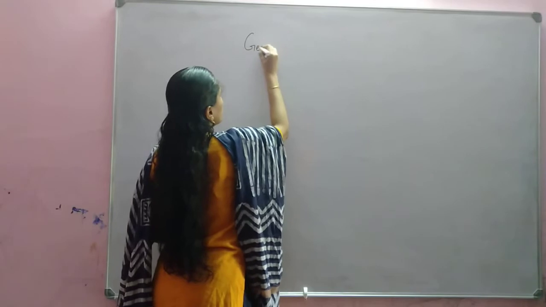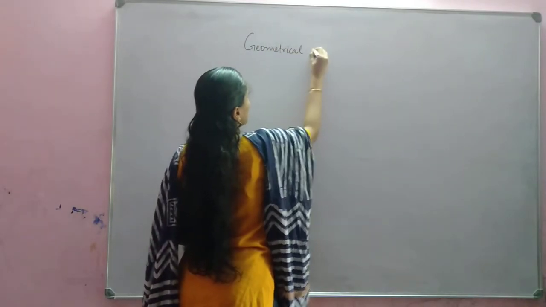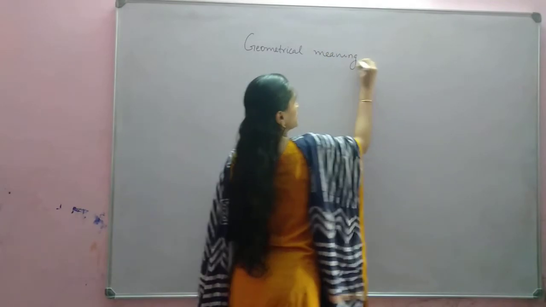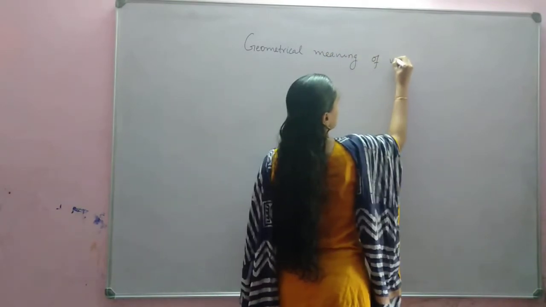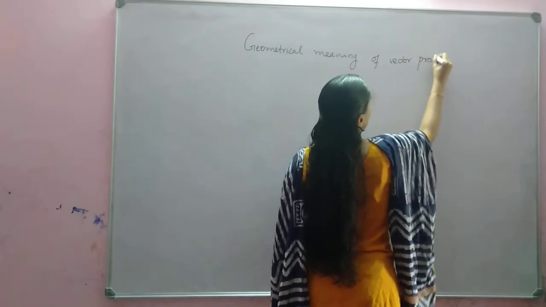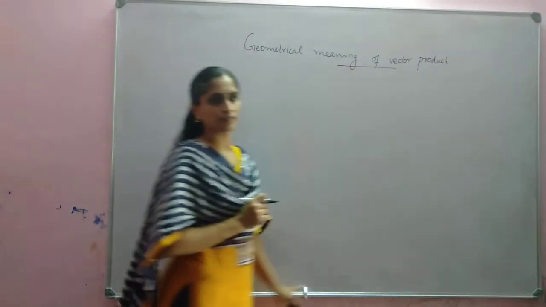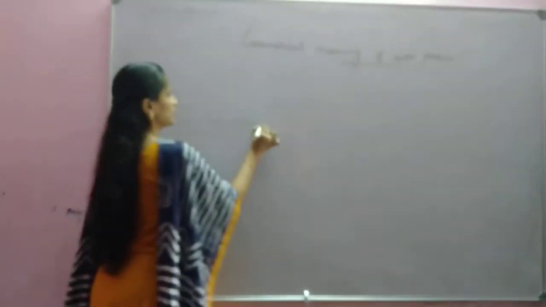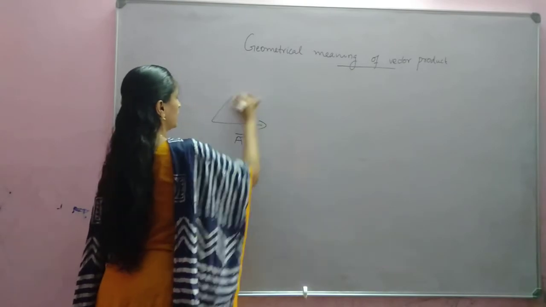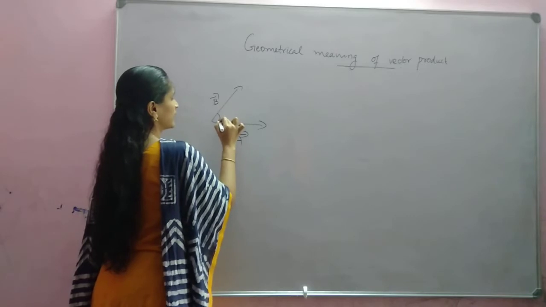So now we will discuss the geometrical meaning of vector product. What is the geometrical meaning of vector product? Two vectors are there, one vector A and another vector B. They are making an angle theta.